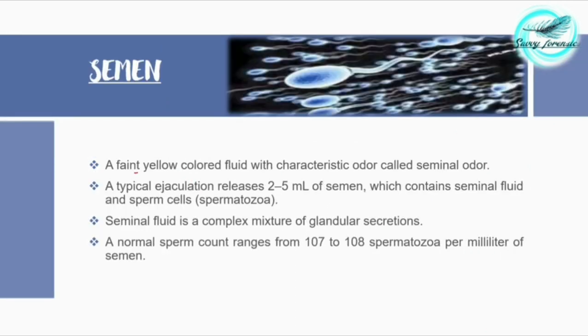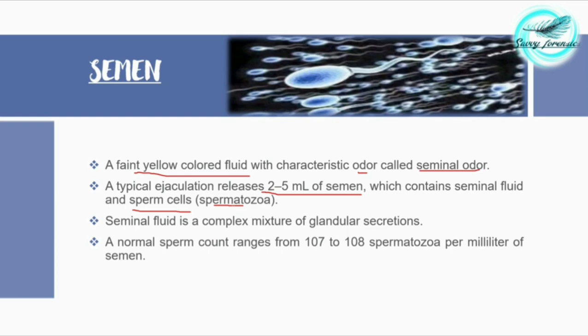Semen is a faint yellow colored fluid with characteristic odor, which is called seminal odor. Now, a typical ejaculation releases 2 to 5 ml of semen, which contains seminal fluid and sperm cells, which are also called spermatozoa. So, these types of questions are many times asked in your exam.